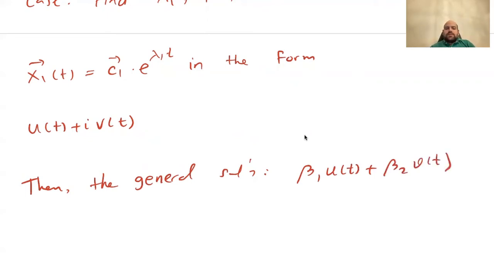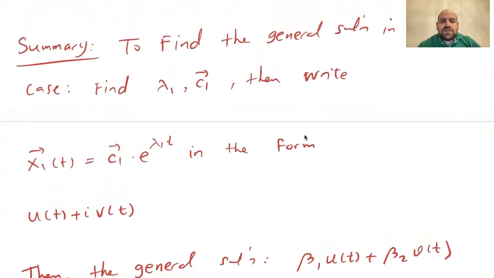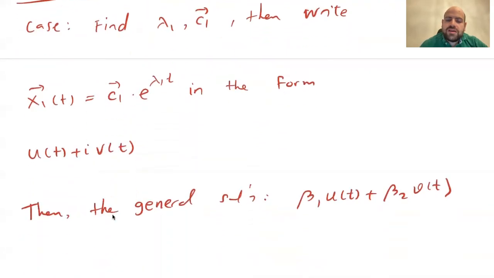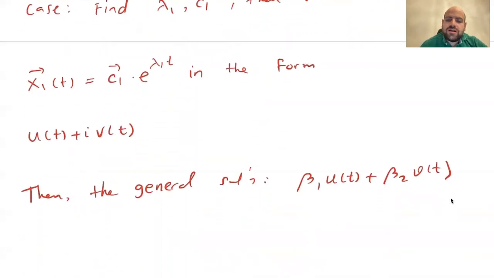So the recipe is simple. I only need to access one of the eigenvalues and one of the eigenvectors, and then I construct x1 of t, write it this way. u of t and v of t are real valued vectors, and then the general solution is a linear combination of those vectors.